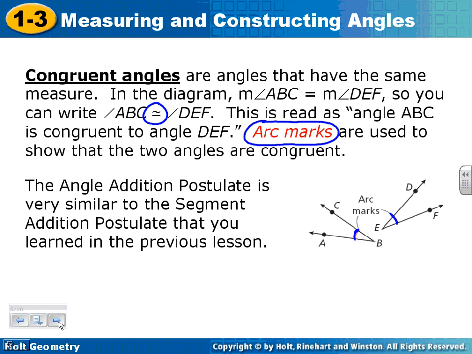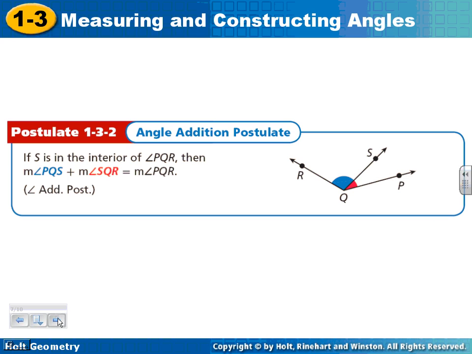The angle addition postulate is very similar to the segment addition postulate that you learned in the previous lesson. Here it is, postulate 132, angle addition postulate. If S is in the interior, meaning inside the angle, of angle PQR, then the measure of angle PQS plus the measure of angle SQR equals the measure of angle PQR.